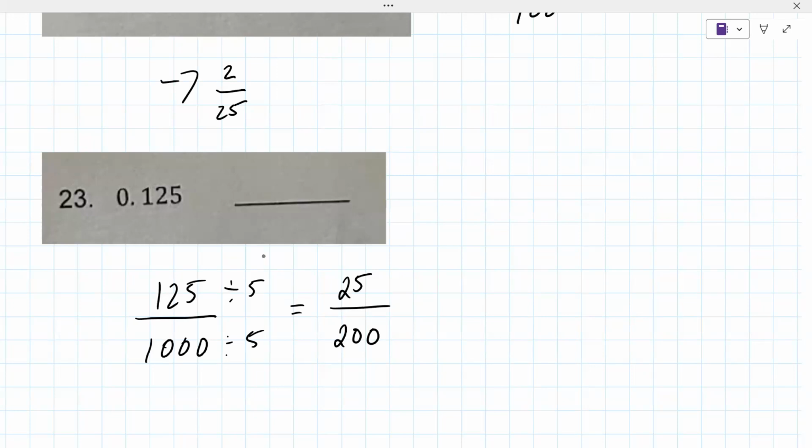Well, it's in the thousands place, so 1 over 1,000.